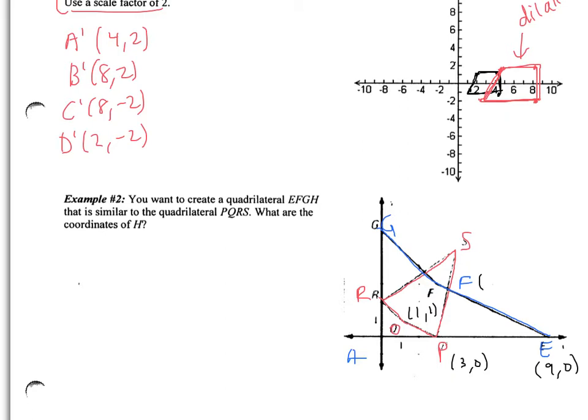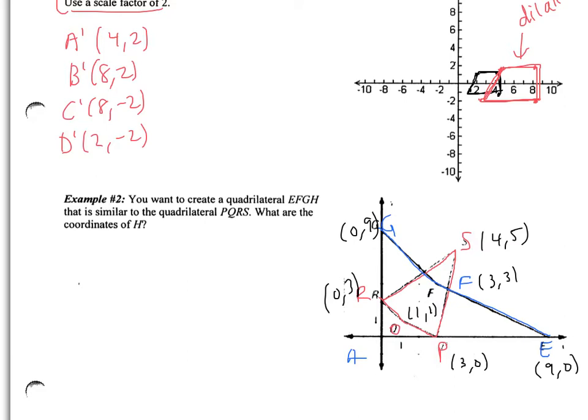This point F is 3, 3, I think. S is 4, 5, I believe. R is 0, 3, and G is 0, 9.